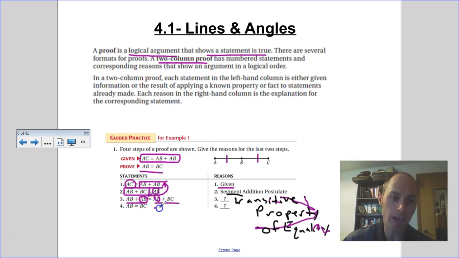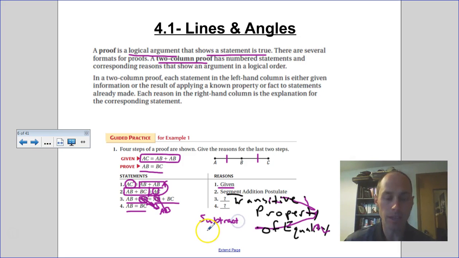So if I just subtract AB, just like we do in algebra, subtract the AB over here, and I can subtract the AB on the left side of the equation also. And what am I left with? AB equal to BC. And so that's just that subtraction property of equality that we use in algebra.